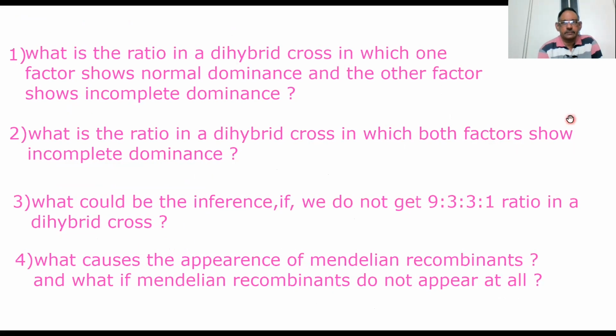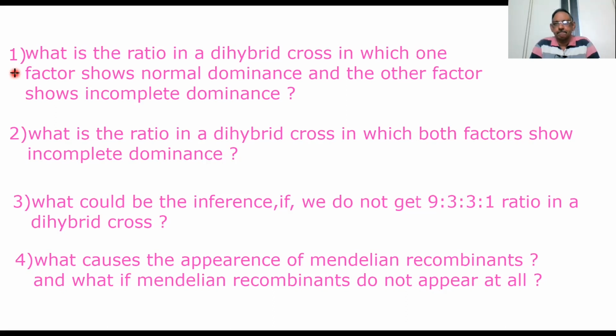These are the questions. I'll just read these questions. These are, of course, related to dihybrid cross ratio, but very, very relevant to the conditions under which we obtain dihybrid cross ratio. Question number 1. What is the ratio in a dihybrid cross in which one factor shows normal dominance and the other factor shows incomplete dominance?